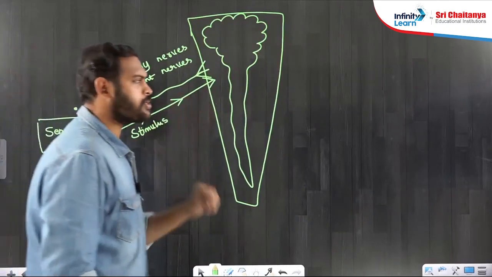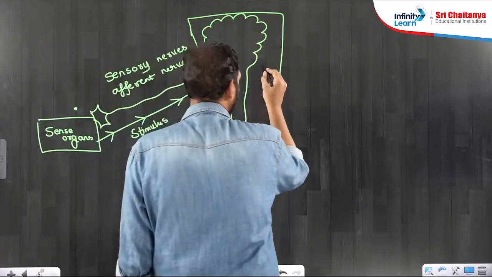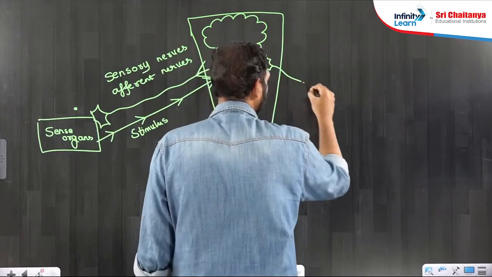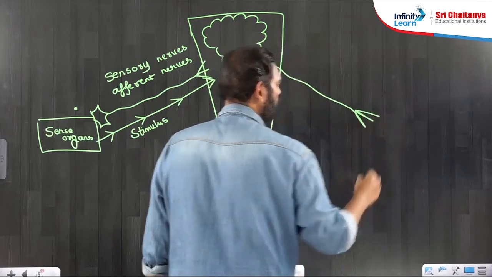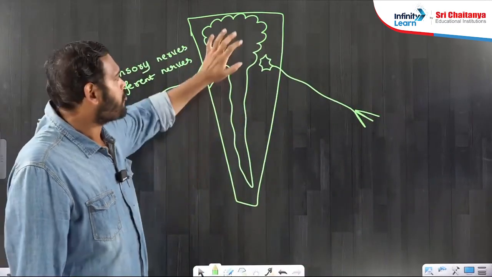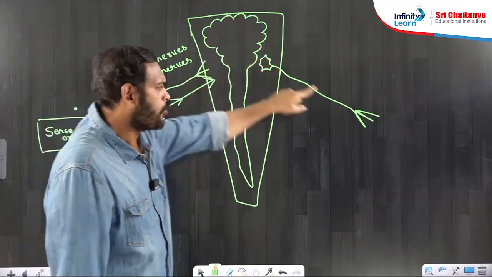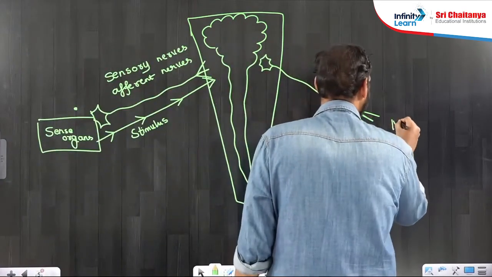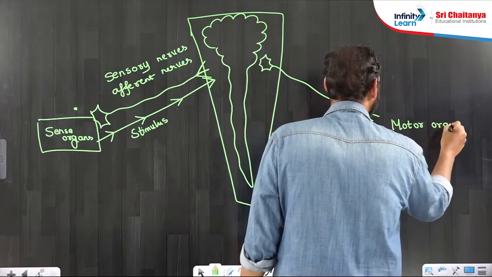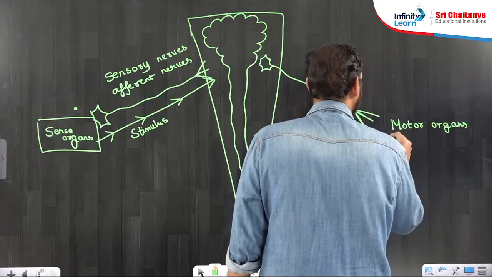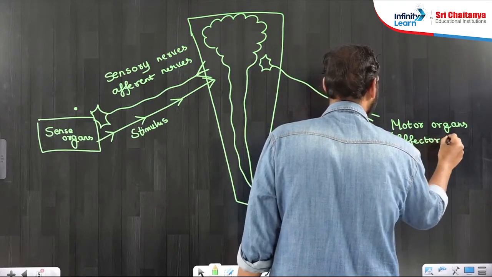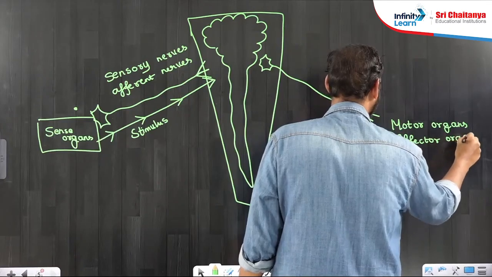And there are some neurons which carry response, reaction from the brain or spinal cord to organs. These are muscles. Usually we refer to them as motor organs. In some textbooks they also refer to that as an effector organ because it will show the effect, response, reaction to a stimulus.